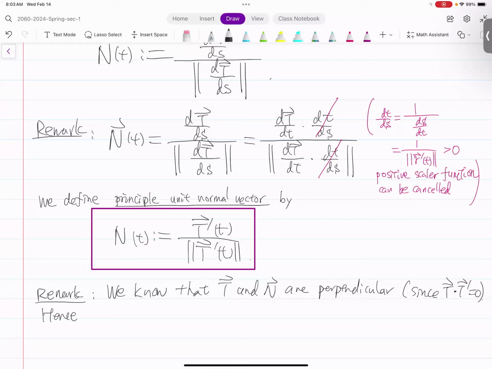Hence, we can introduce the unit binormal vector.